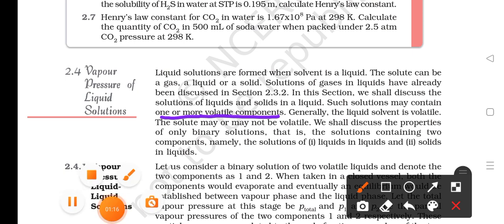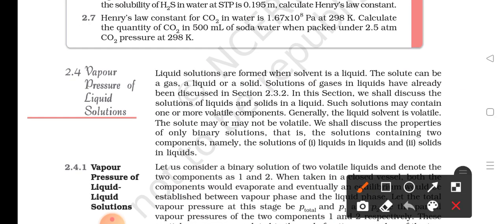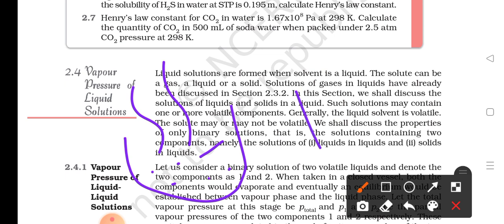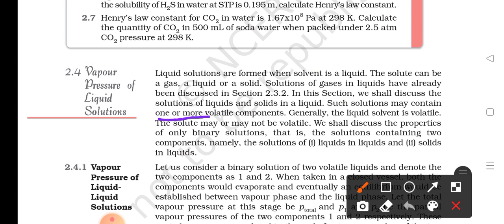Volatile means that which can fly away easily. Like if we take a solvent which is liquid, we know that it flies away easily, so it's more volatile. And if we take a solid, that solid never flies away, so a solid is not a volatile compound. So we should learn from this sentence that one or more volatile components are present in some cases.